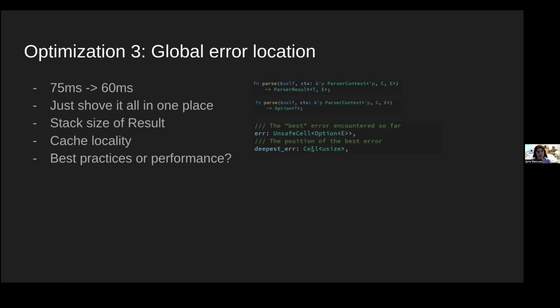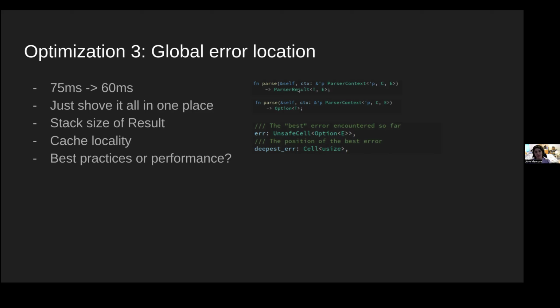Now, this optimization was the smallest. It was about a 20% reduction in runtime, down from 75 to 60 milliseconds. And it's just shoving all the errors in here. The main reason that this makes a difference is that we are passing around less values, or rather smaller values, on the stack.